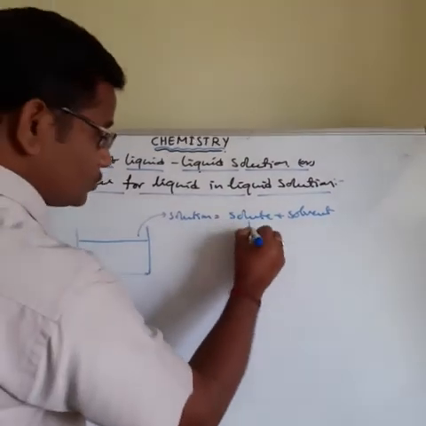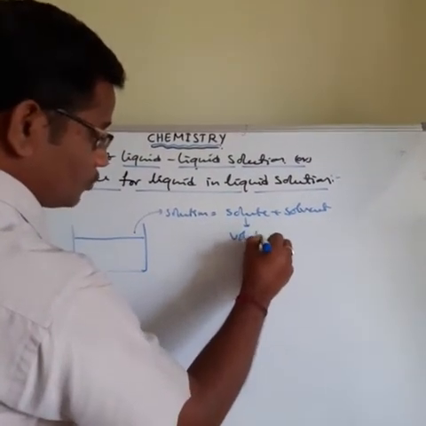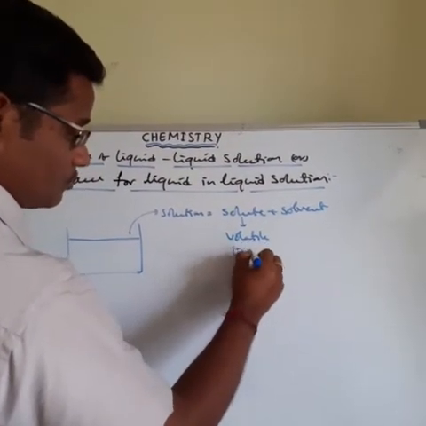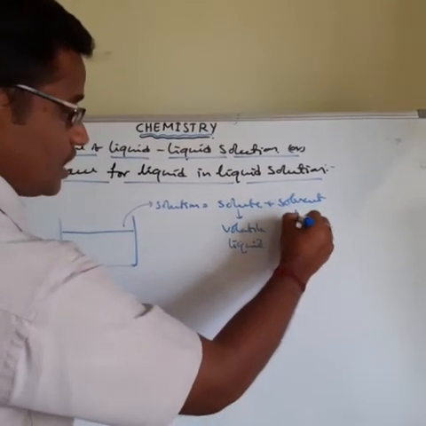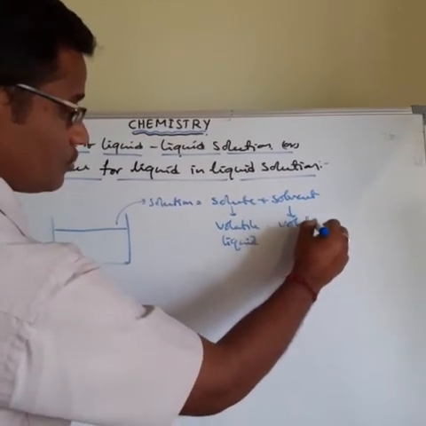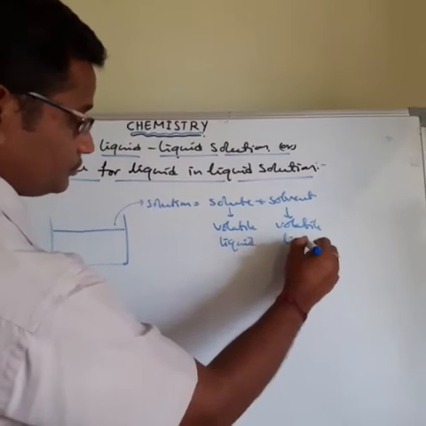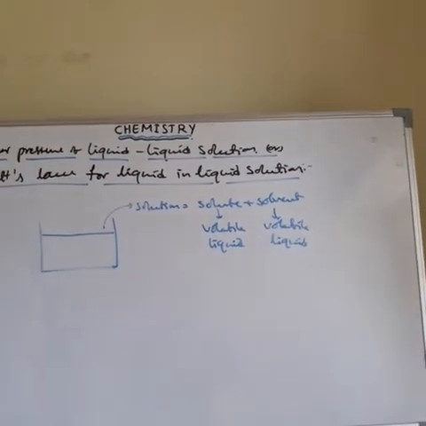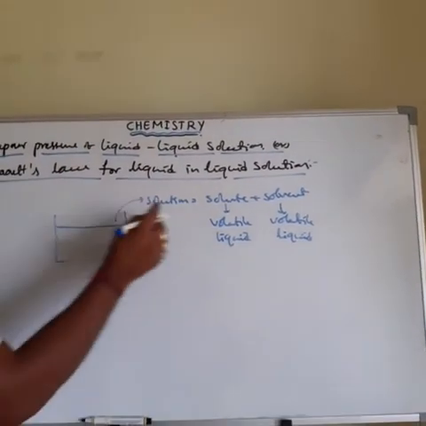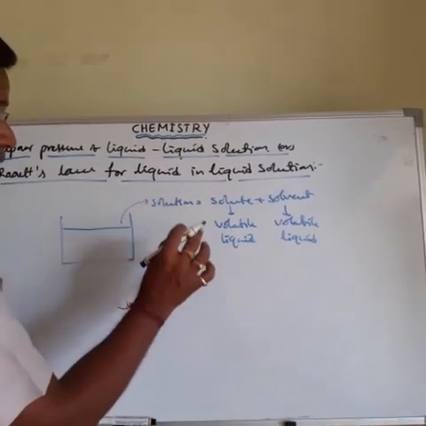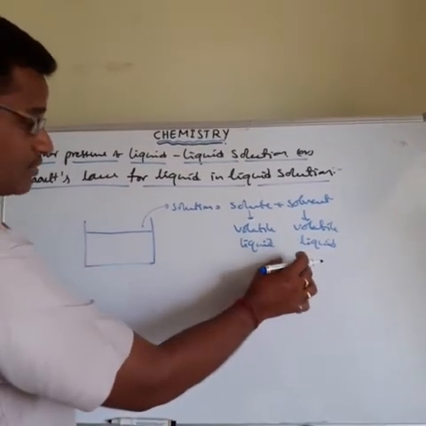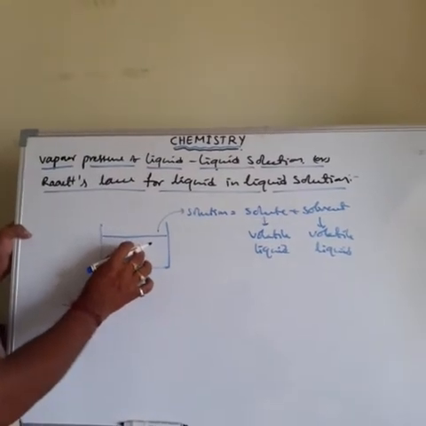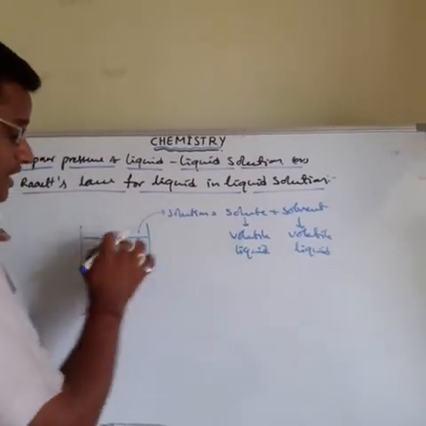That means the solute is also a volatile liquid and the solvent is also a volatile liquid. So this solution contains two completely miscible volatile liquids.